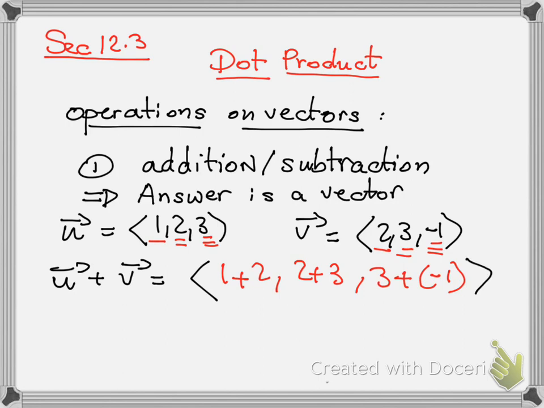So that will be equal to (3, 5, 2). So u plus v is the vector (3, 5, 2). As you see, the answer is a vector.